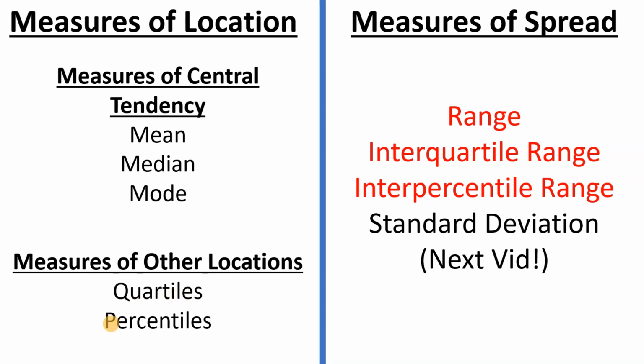Now, quartiles and percentiles are also measures of location, but they focus on other parts of the data, not the center. What we're talking about in this video are measures of spread. These tell you not about the location of the data, but how spread out it is, whether it's all very close together or far apart. Another measure of spread is the standard deviation, which we're going to talk about in the next video.